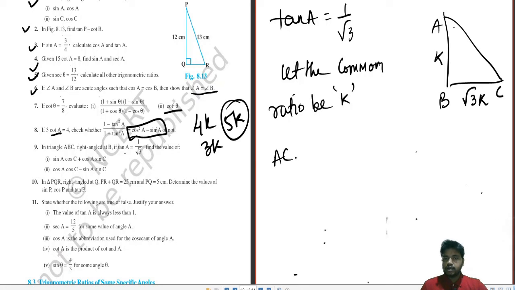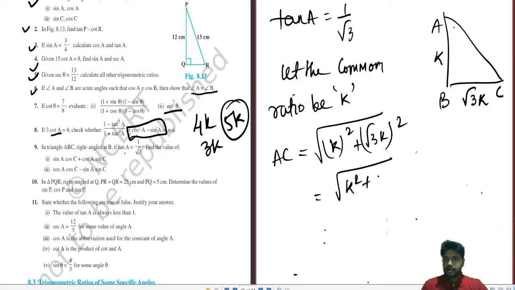AC will be the square root of K square plus root 3K square, which is K square plus 3K square, root of 4K square, equals 2K. So this will be 2K. Now if they are asking anything, you can solve for it.